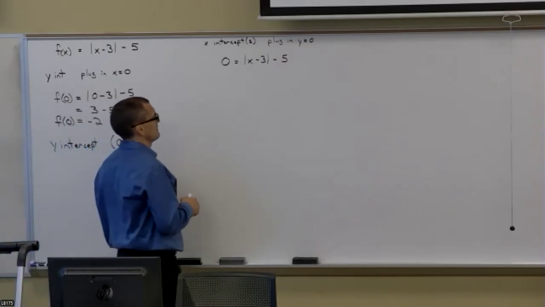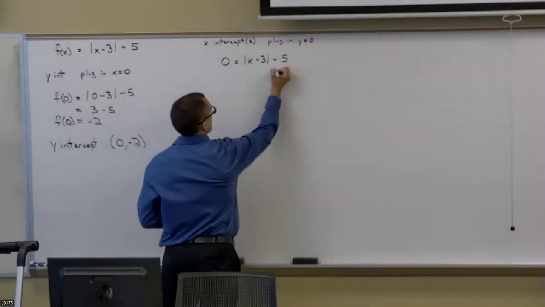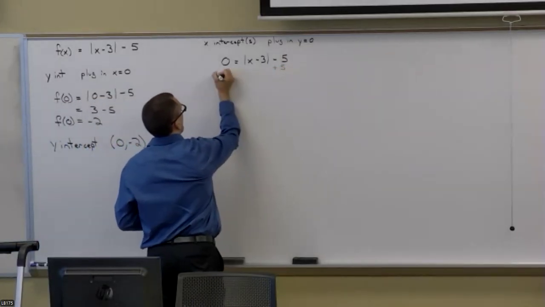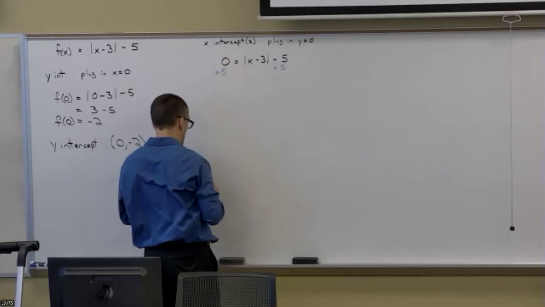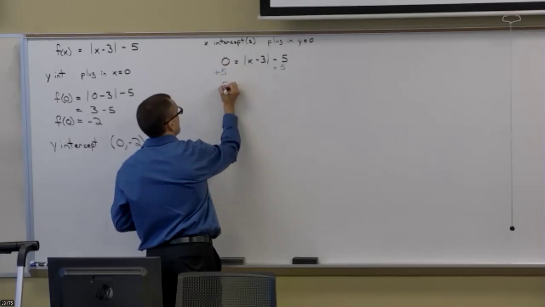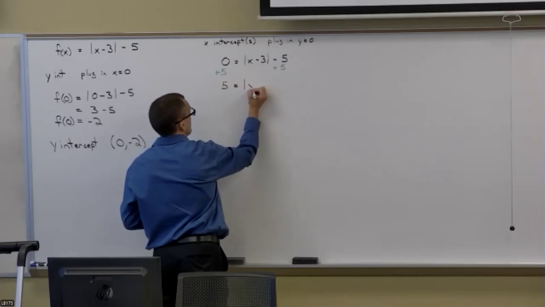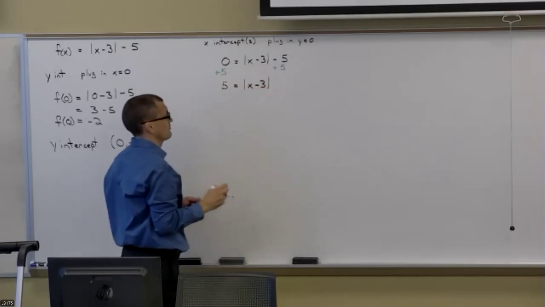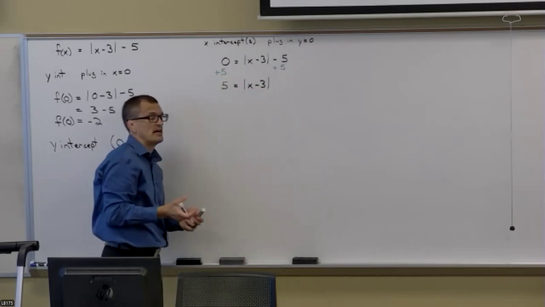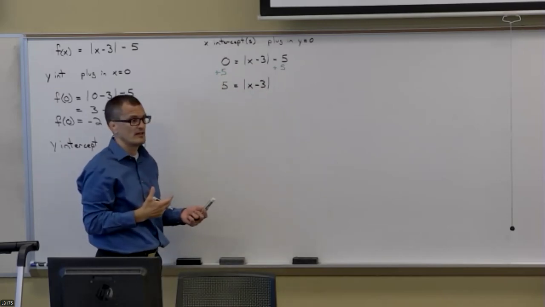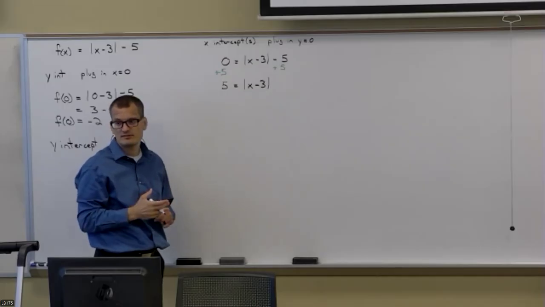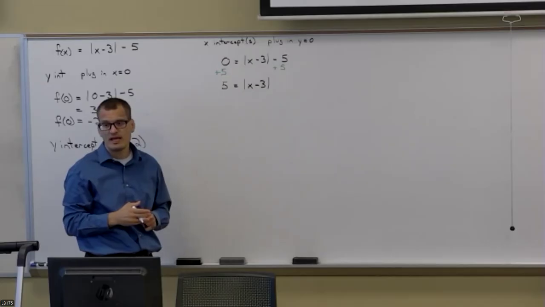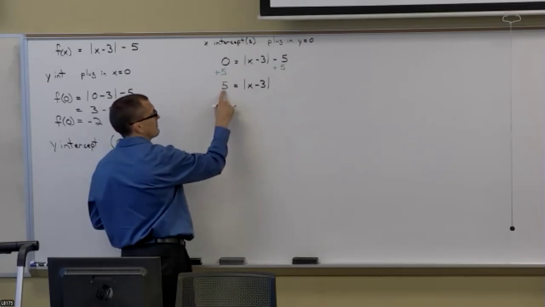Add 5 to both sides. I get 5 is equal to the absolute value of x minus 3. Or if you prefer, you can write the absolute value on the left-hand side and say the absolute value of x minus 3 is equal to 5. Doesn't matter. In either case, this is a positive number.